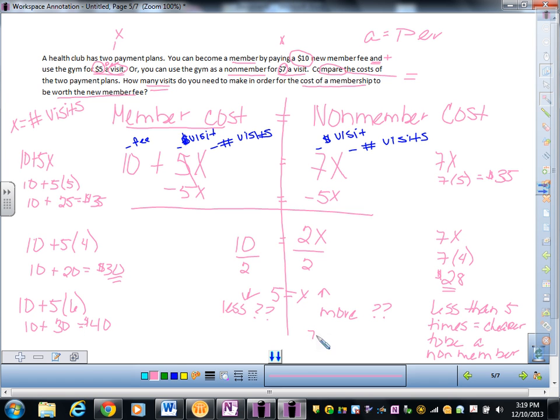And a non-member price would be 7x, which is 7 times 6 if we pick a number greater than 5, which would give me $42, which means that if I go more than 5 times, it's cheaper to be a member.